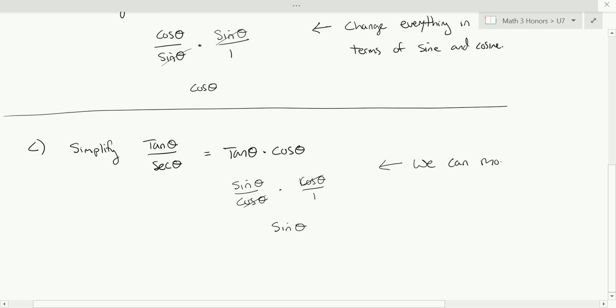So we can move trig functions to the other side of the fraction by changing it to its reciprocal function.